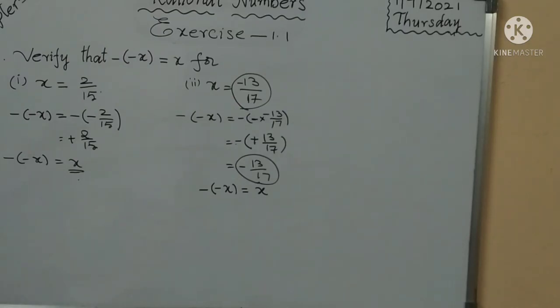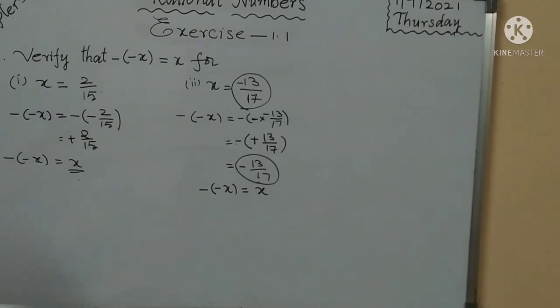So that is a negative number. The reciprocal of a negative rational number is a negative number. Then give one example for the third one.